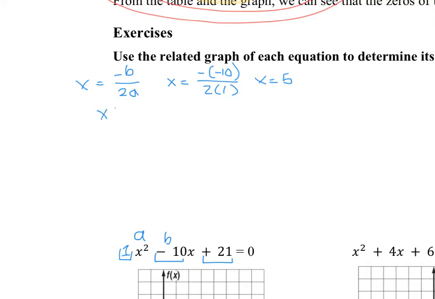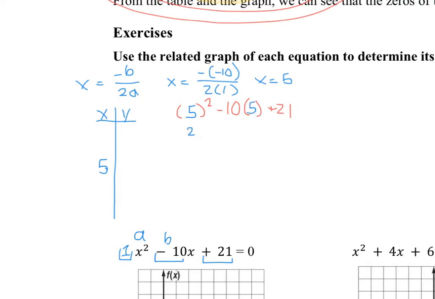So I'm going to draw up a table here. And I'm going to place 5 at the center of my table. Now, if I want to find the y-coordinate for my vertex, I'm going to need to go into my function. And everywhere there's an x, I will need to plug in the 5.